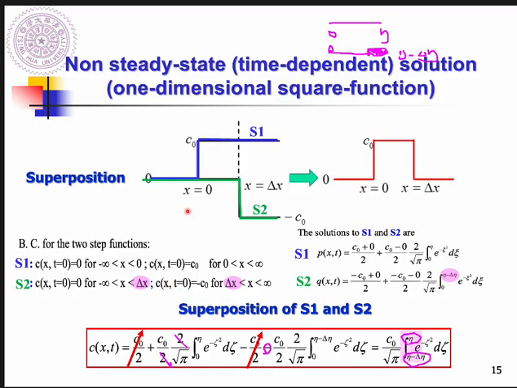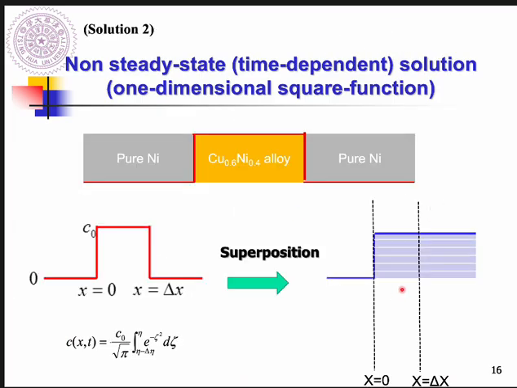Oh, sorry, this is you sum them together, right? And this is minus. So I can use this blue step function minus this green step function. Then you also can get the same results. This is also the same idea. You need to check them, right?